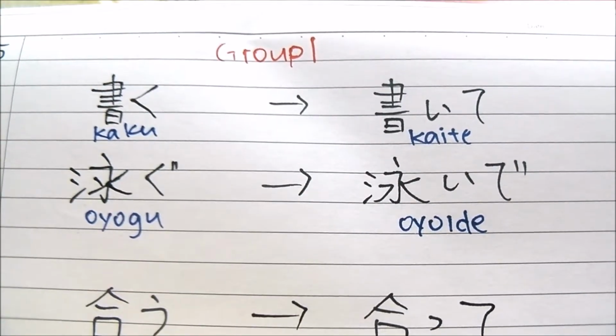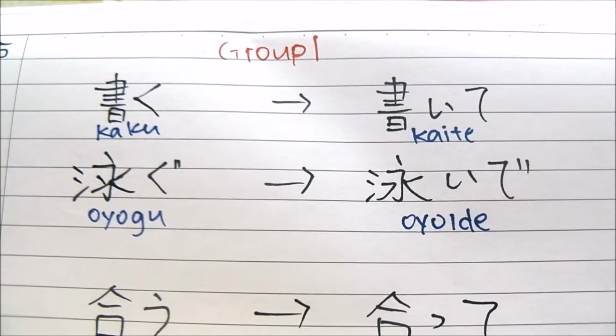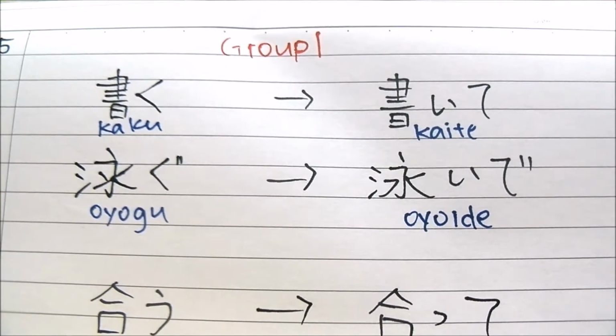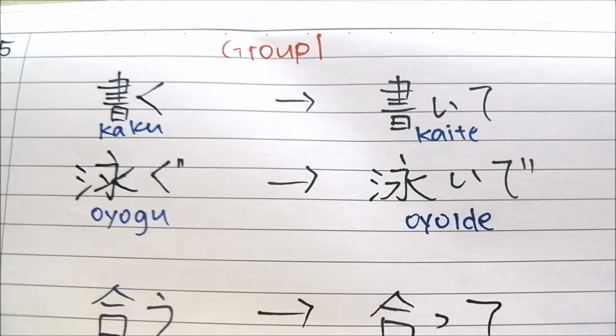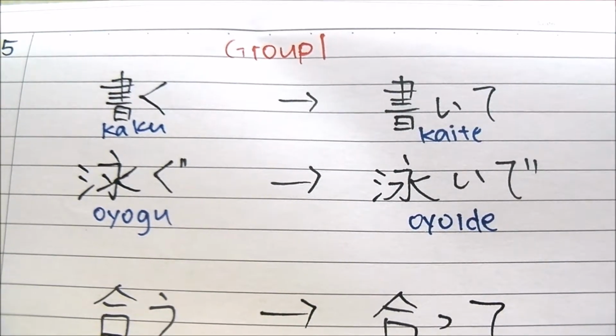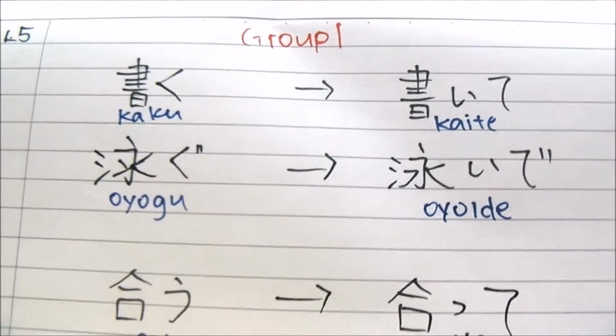The gu is just 2 dots away from ku, so when you change it, it's similar, but with another 2 dots. So oyogu will become oyoide. Those with ku become ite, and those with gu become ide, so you can group these two together.